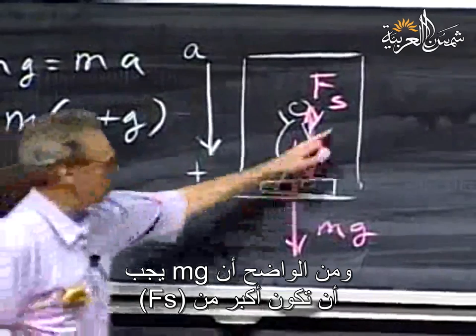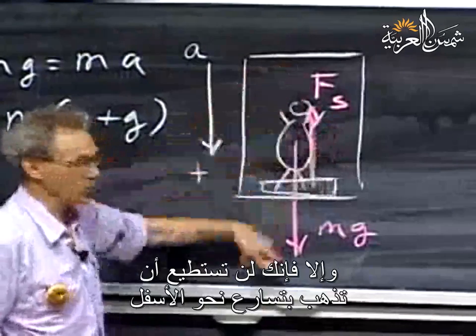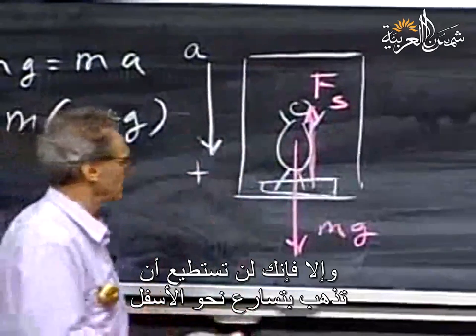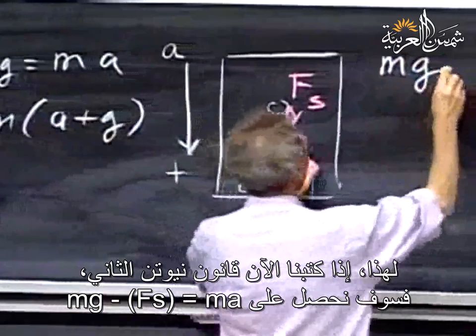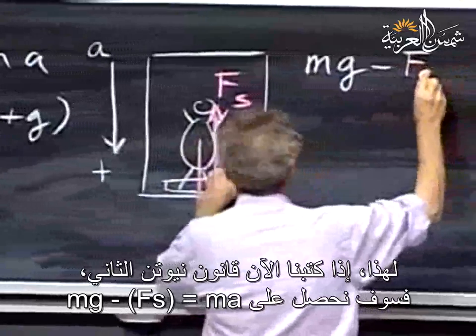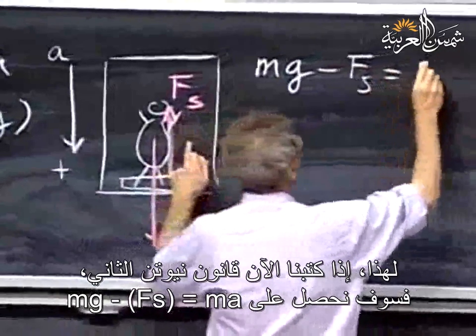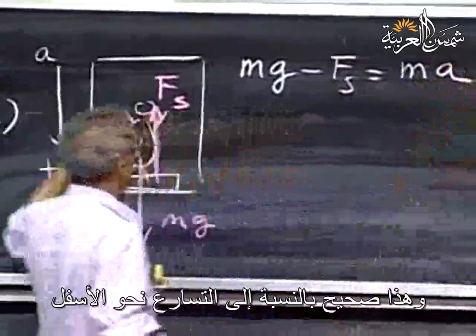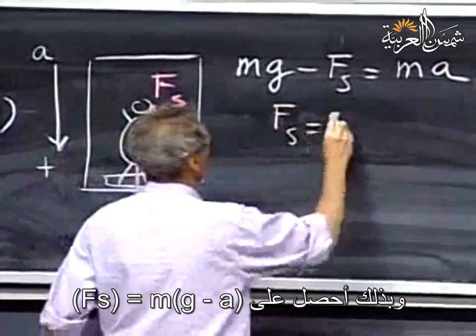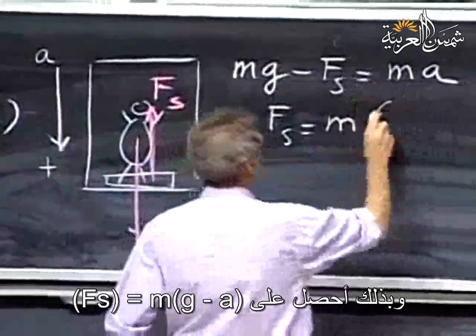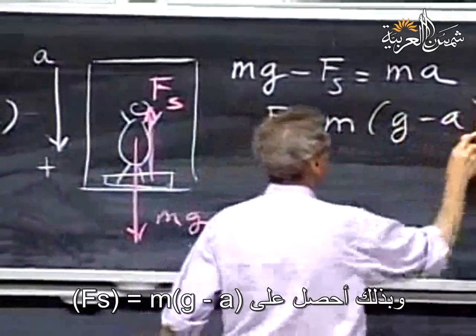Clearly mg must be larger than F of s, otherwise you couldn't be accelerated downwards. So if now we write down Newton's second law, then we get mg minus F of s must be m times a. This holds for acceleration down, and so I get F of s equals m times g minus a.